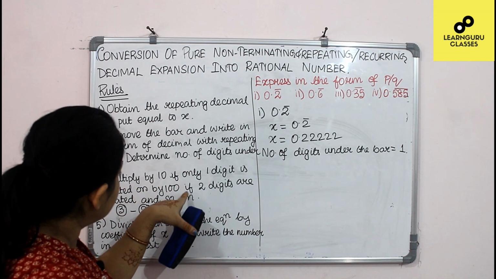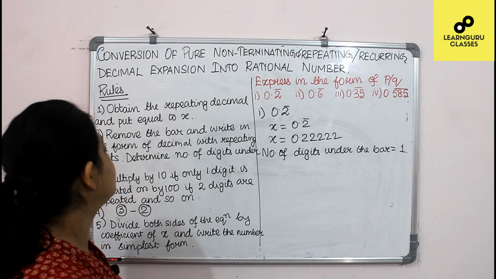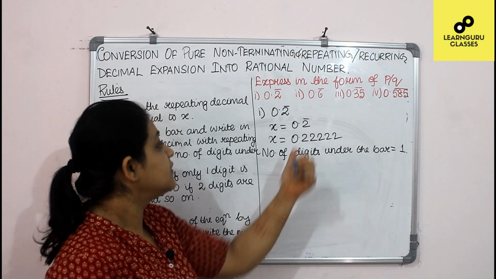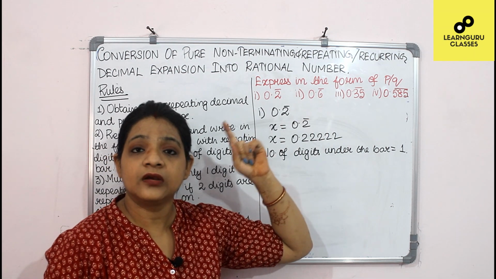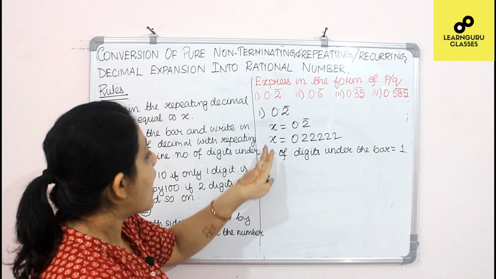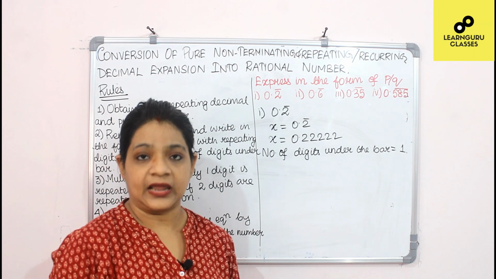Multiply by 10 if only one digit is repeated, or by 100 if two digits are repeated, and so on. Since only 2 is being repeated, I will multiply both sides by 10.